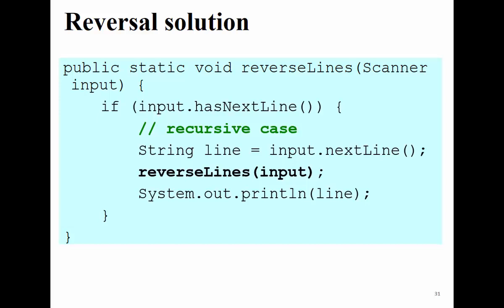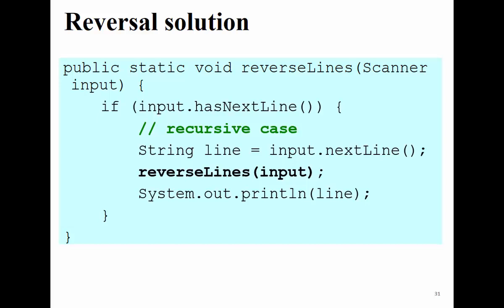So in the first recursive call, you're going to read the first line. You're going to store it inside line. Then still there is some file. The file contains some other lines. You're going to call another recursive call with new parameters. When the file does not contain anything, you're going to return back.